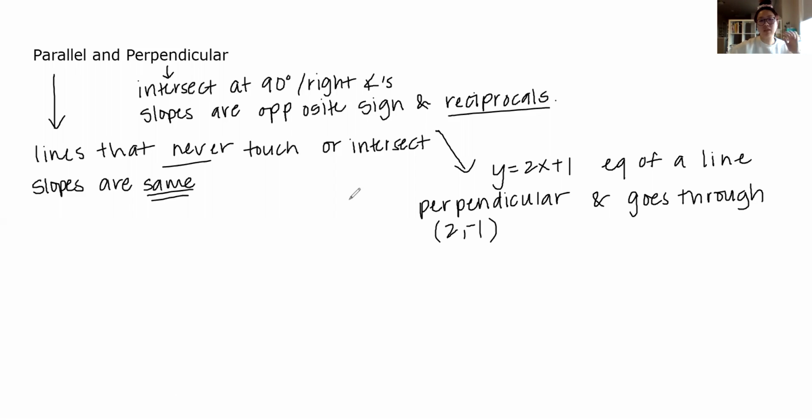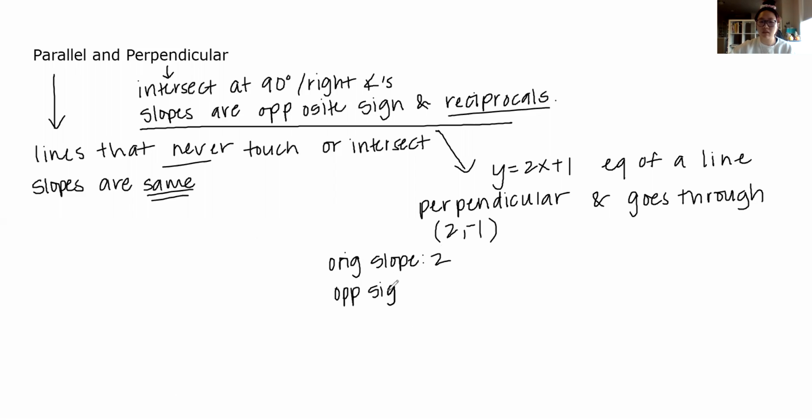Okay, what we have to do first is change my slope. It needs to be the opposite sign and the reciprocal. My original slope is 2. When I take the opposite sign, it becomes -2. Reciprocal just means we flip the fraction.